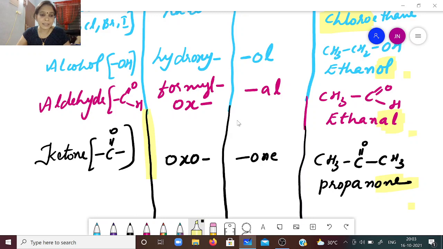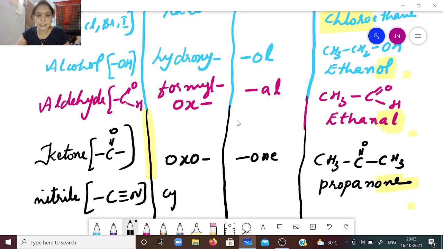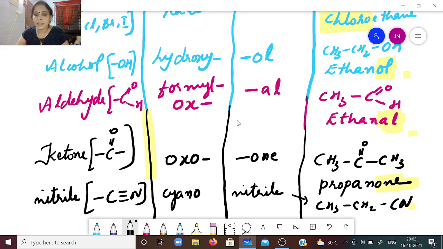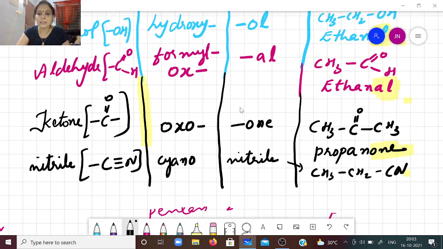So next is nitrile. Most important things only I am showing here. Nitrile is C triple bond N. And if it is prefix, it is cyano. And if it is suffix, it is nitrile. For example, if I am writing here CH3, CH2, CN, in this you can see 3 carbons are there.